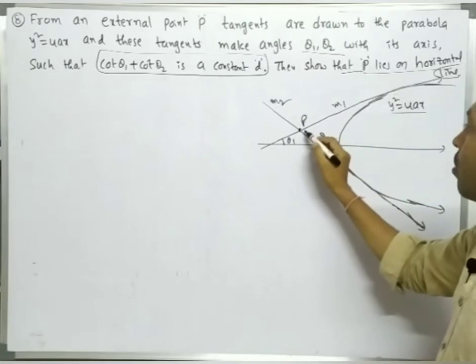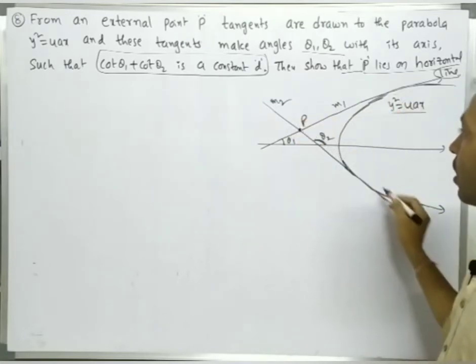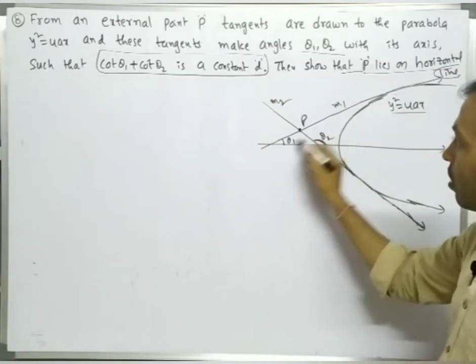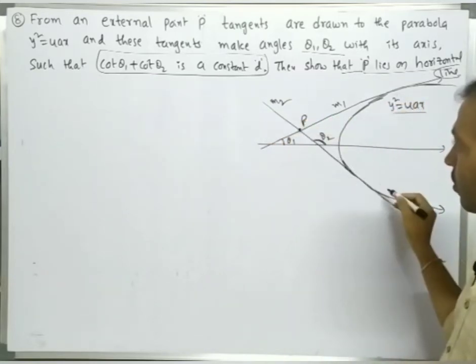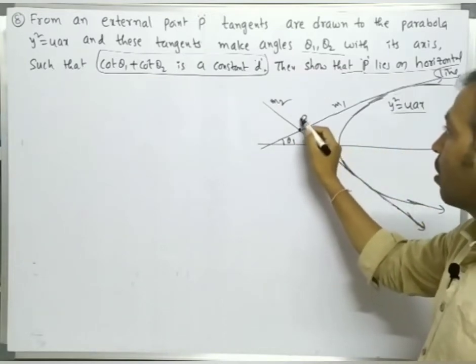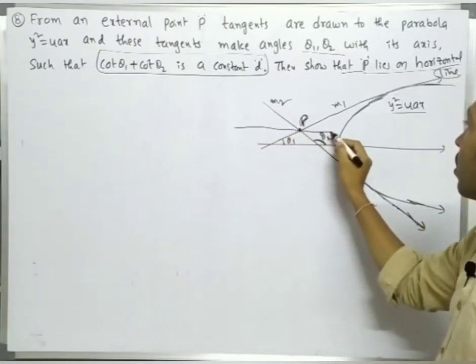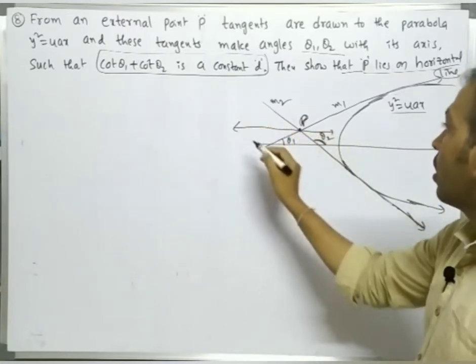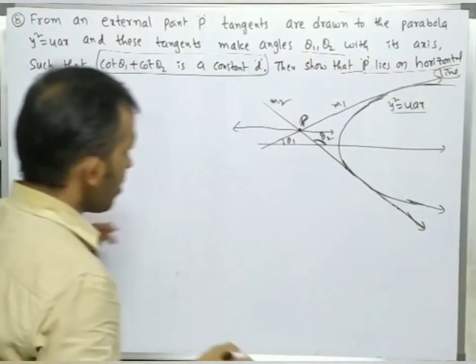So here I took only one point and drew two tangent lines. Like that we can take some more points and two tangents each. Such P's lie on a horizontal line. We should show that.